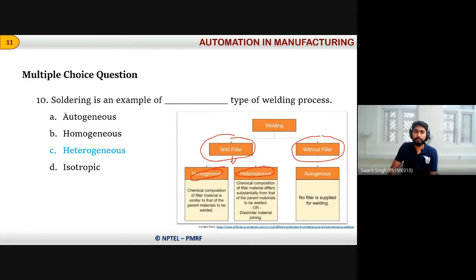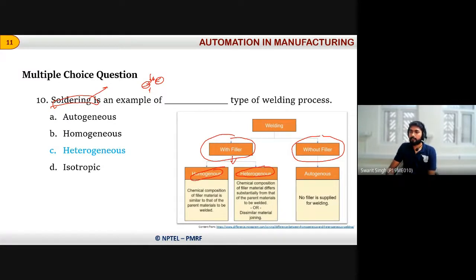Here we are talking about soldering. If you have seen the soldering operation, there is a copper wire, and that copper wire is used as a filler to join two different components. Those components may be of different material. If the components are different material and we are pouring some copper, it comes under heterogeneous welding.